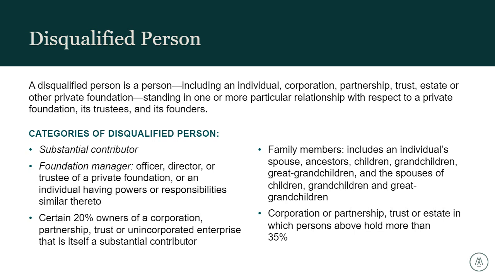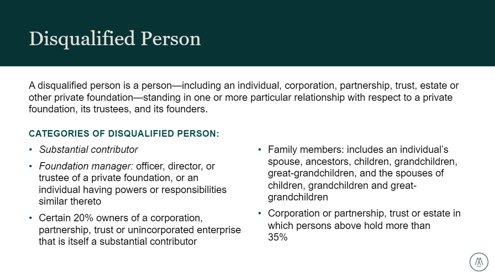So you can see that it's extremely important to keep good records from inception of the foundation all the way through the most recent taxable year in order to really understand who your substantial contributors are.